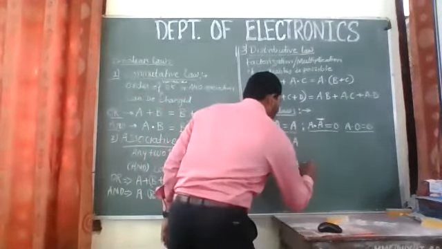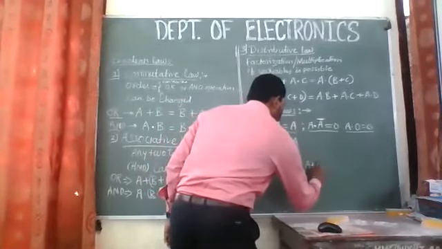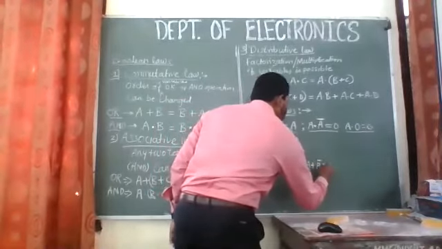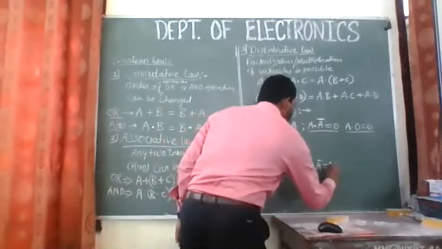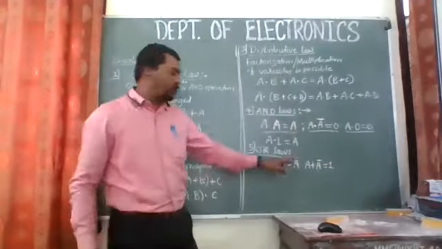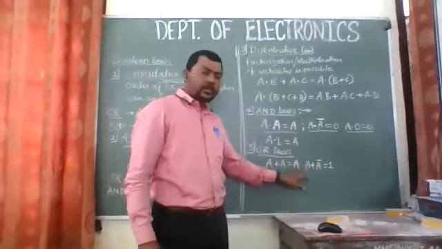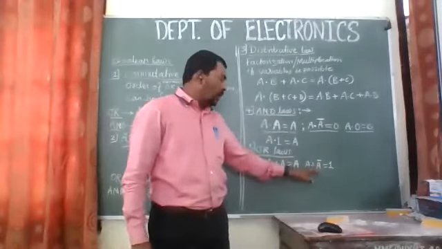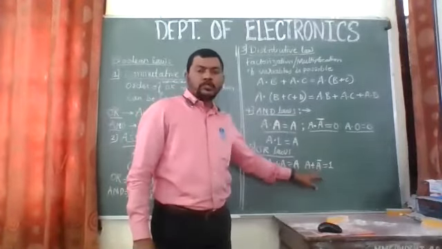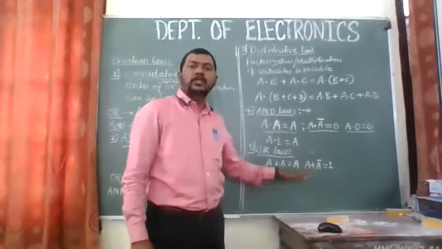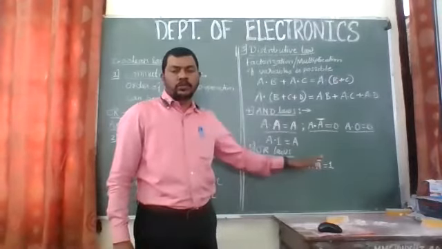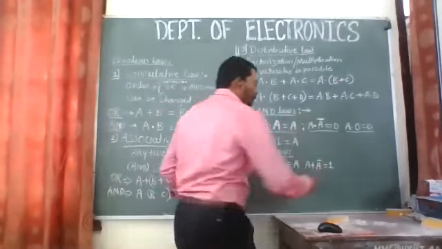Then we have A plus A complement. A plus A complement will give you 1, because one of the variables is 1. If A is 1, then A complement will be 0, and if A is 0, then A complement will be 1. So if any one of the variables is 1, the OR operation will give you the output as 1.